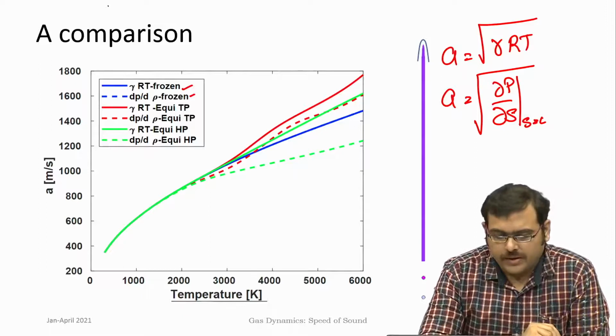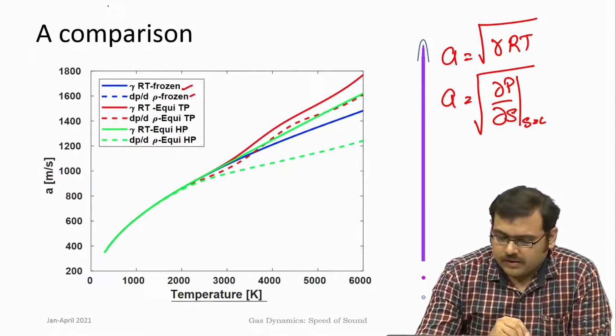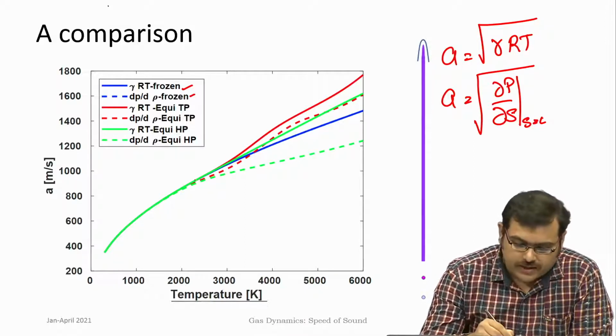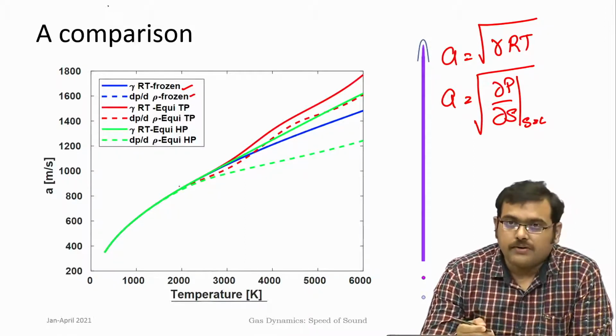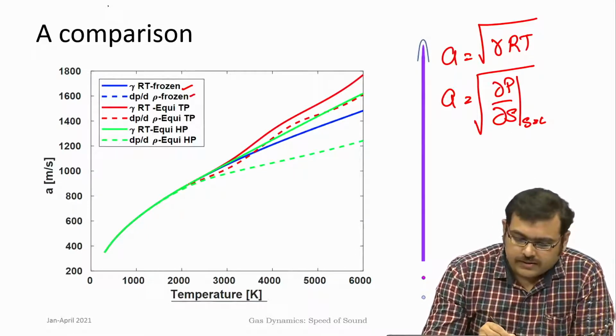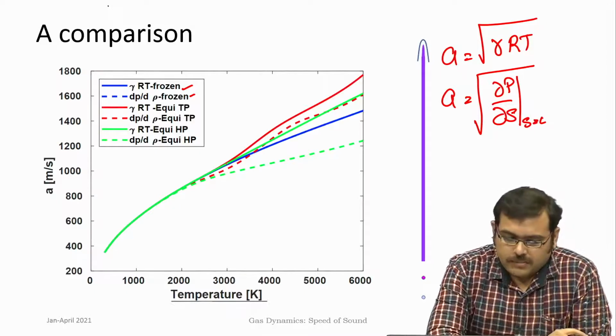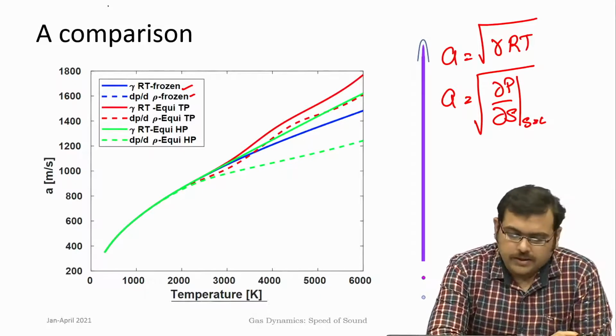But when you bring in high temperature effects and other changes like chemical reactions happening, then it can depart from such perfect behavior, and that departure is seen by these other lines. There is a difference between gamma RT and dP by d rho.